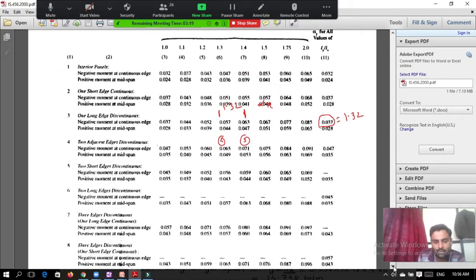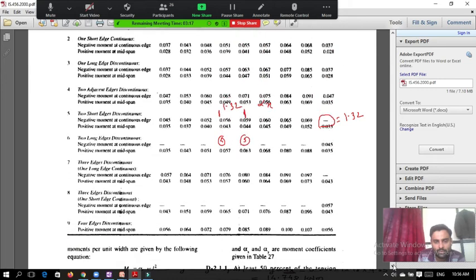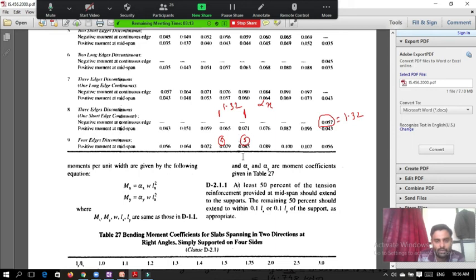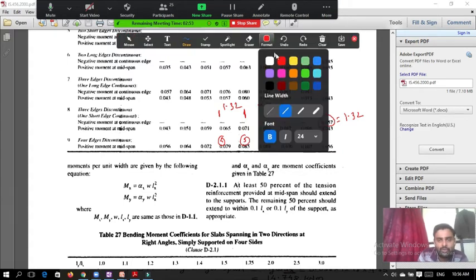see, it comes over here. This is the fourth column and fifth column, and we need to calculate for 1.32. So that value of the coefficient must be between 0.079 and 0.085. If the ly by lx ratio is 1.3, we need to do interpolation over here.